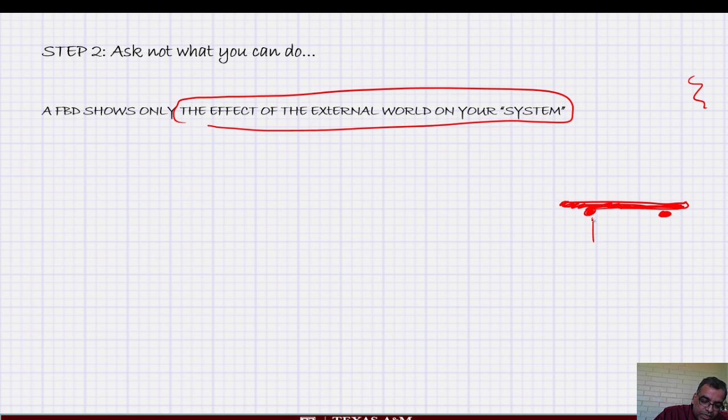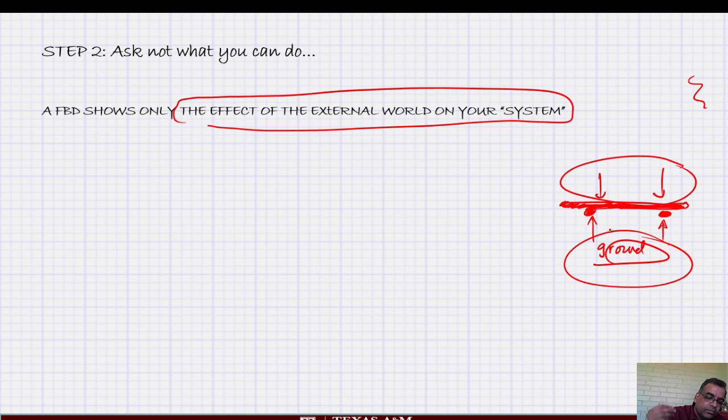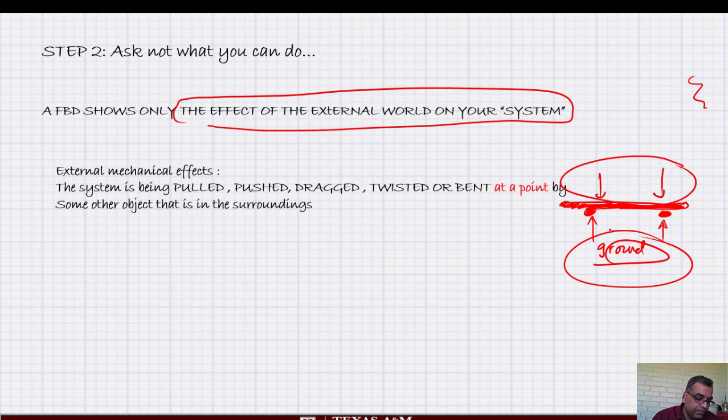But the ground is pushing, so we will draw something like that. This is ground. Notice first that the free body is floating freely, and the ground is replaced with forces, and the feet are replaced with forces. We will talk about this in a little while, but basically the idea is everything is just force and torque. That's it.